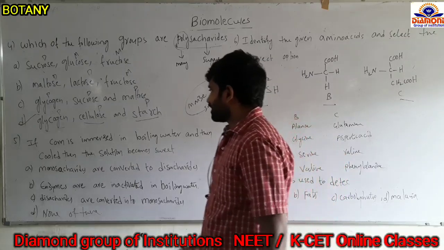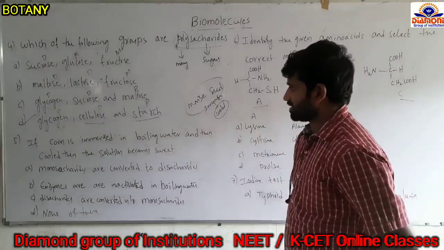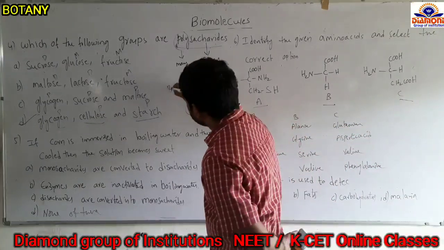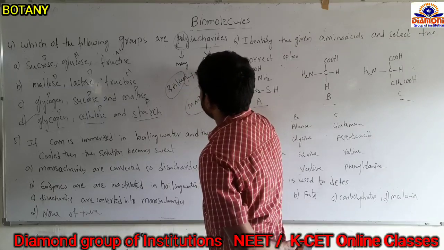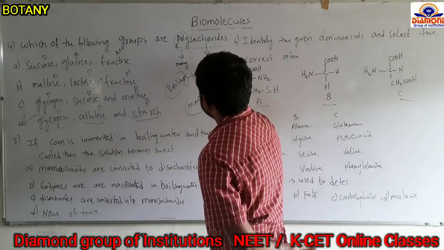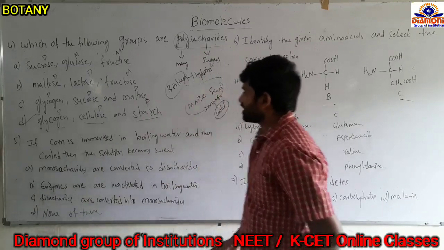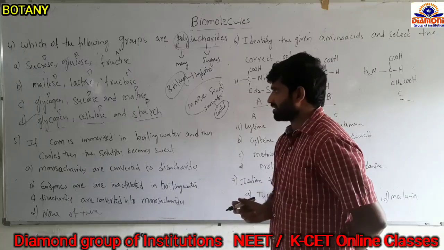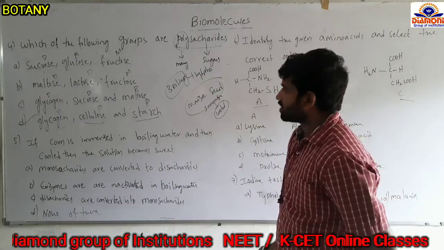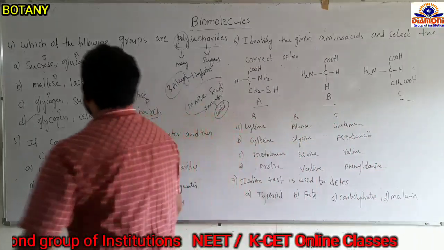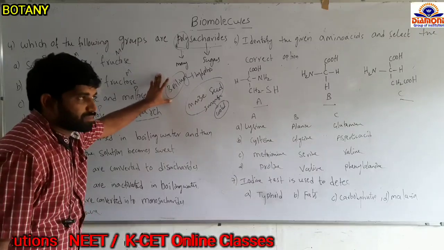Because, option A says monosaccharides are converted into disaccharides. Boiling is also one type of hydrolysis process. Starch is a polysaccharide, and such carbohydrates are present in maize seeds.